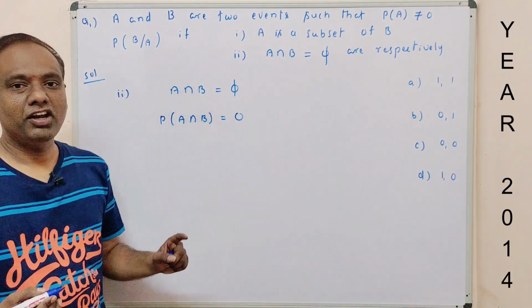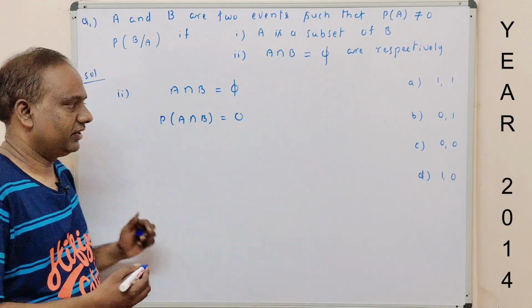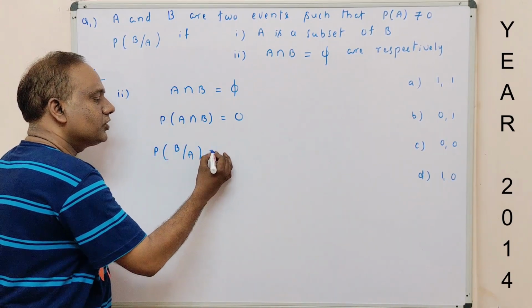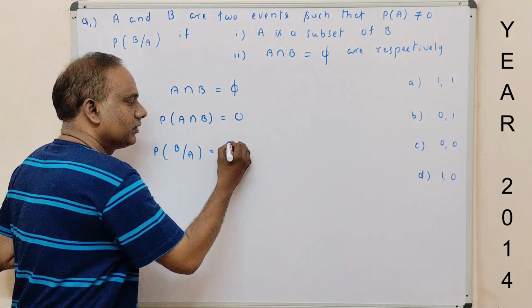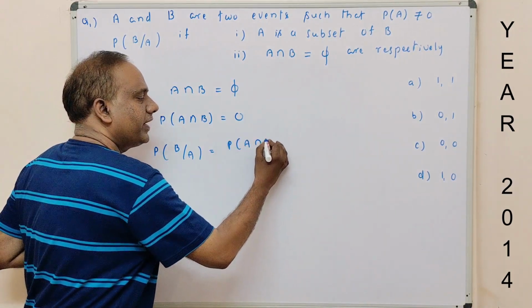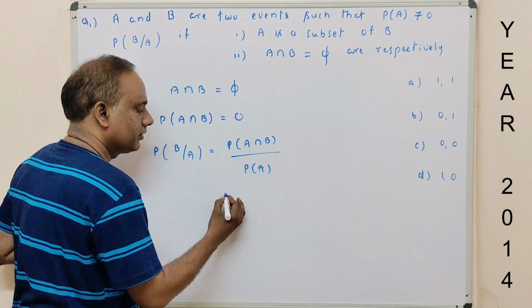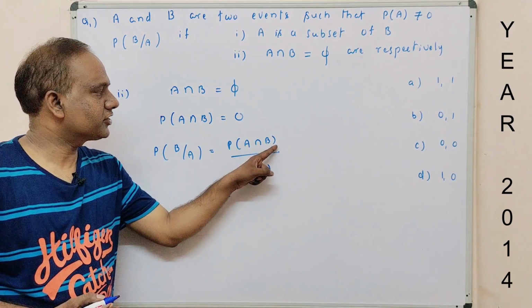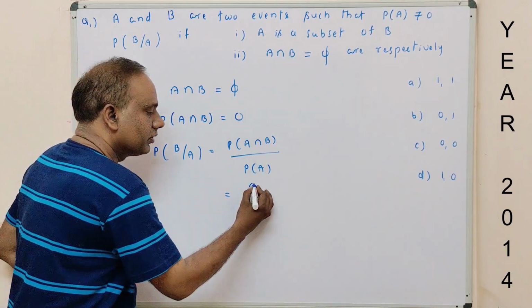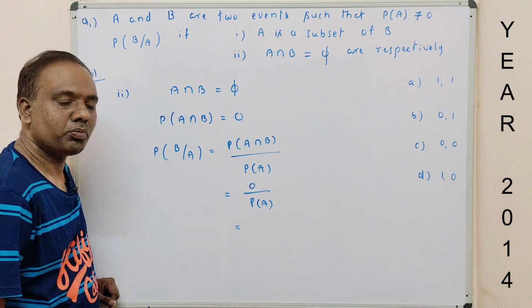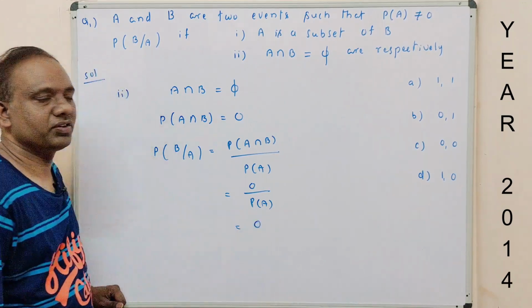Now P of B given A is equal to P of A intersection B by P of A. P of A intersection B is 0, so 0 by P of A. 0 divided by anything is 0.